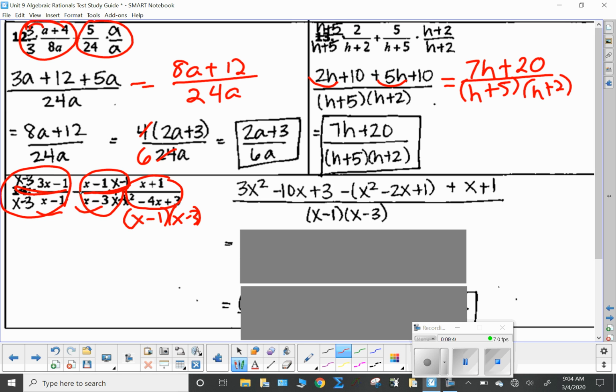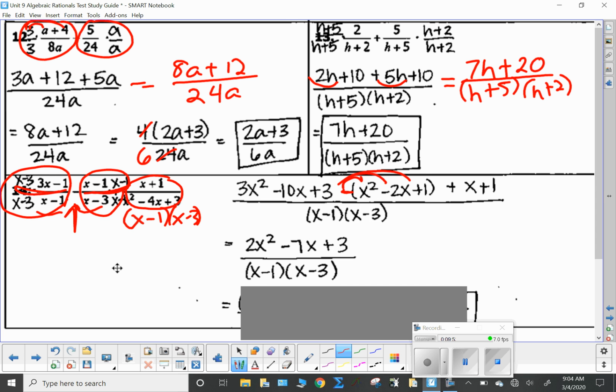And notice that subtraction sign is right here because I'm going to have to distribute it to all three of those terms. Now, combining all my like terms, 3x squared minus x squared is 2x squared. Negative 10x plus 24x plus x is minus 7x. 3 minus 1 plus 1 leaves me with 3.